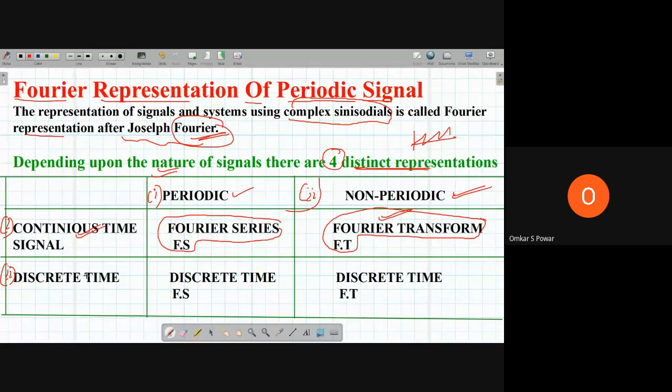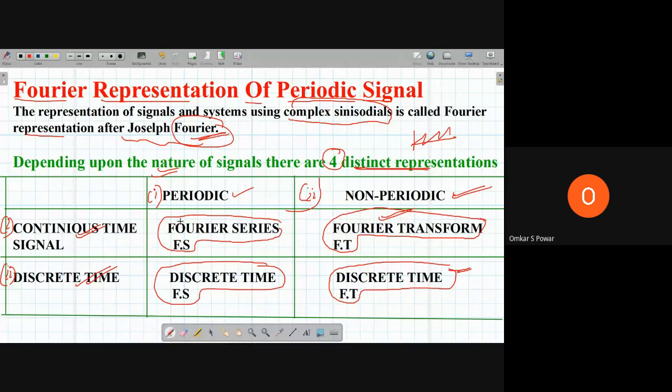Coming to discrete time signals, if periodic, you use the discrete time Fourier series, and if non-periodic, you use the discrete time Fourier transform. It's just simple. You write this table: periodic, non-periodic, continuous and discrete. Continuous periodic is Fourier series, non-periodic is Fourier transform. That's it.